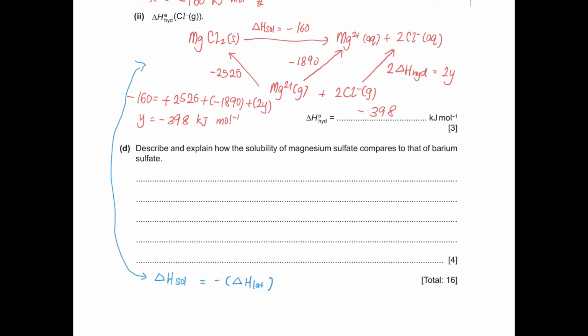So in general, I can write it this way: plus delta H hydration for the cation, plus delta H hydration of the anion. Our explanation on solubility is based on this general equation.